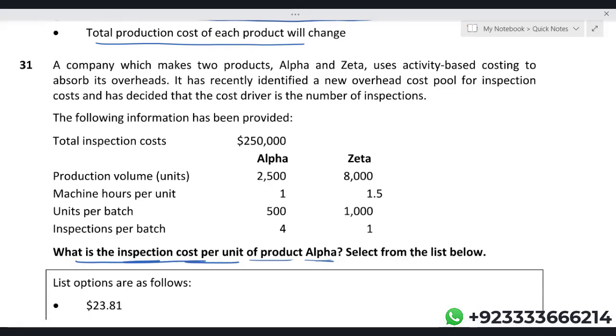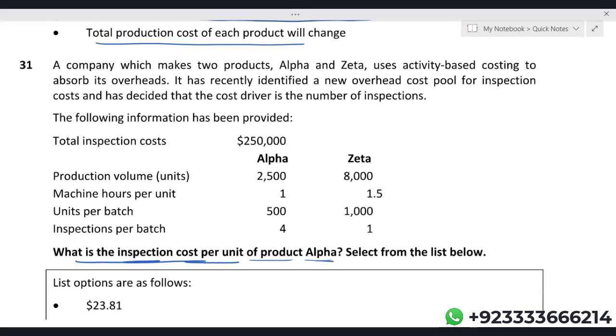Once we have calculated the total inspection cost which relates to alpha, dividing by the total number of units of alpha will give you the per unit inspection cost.